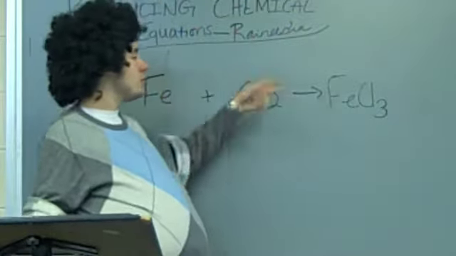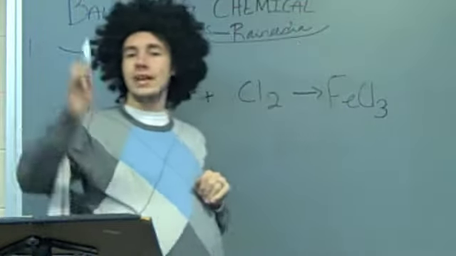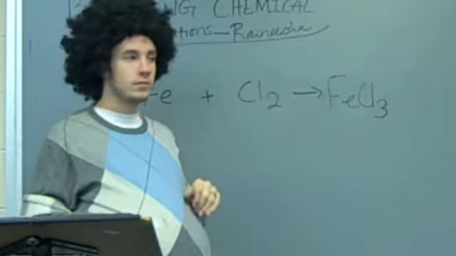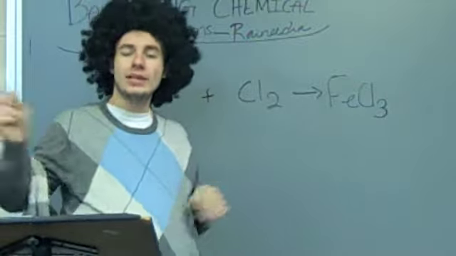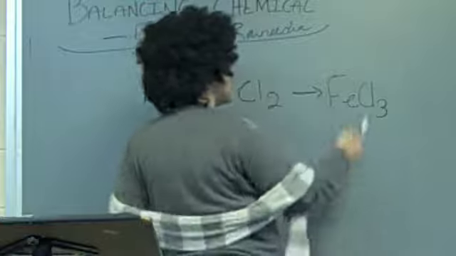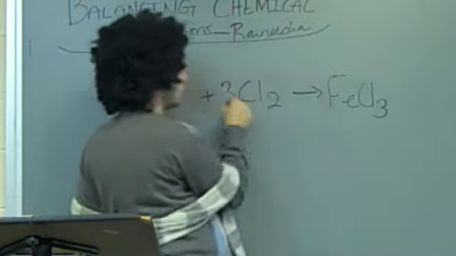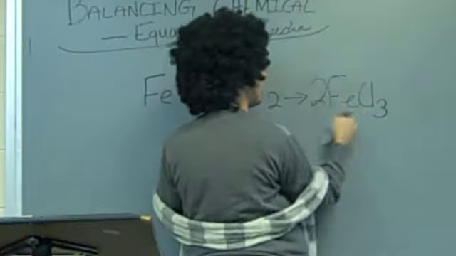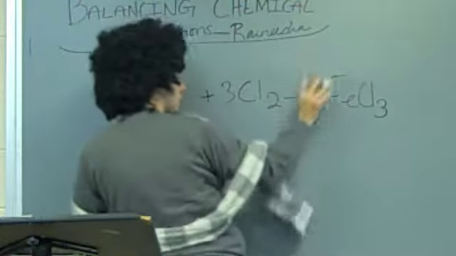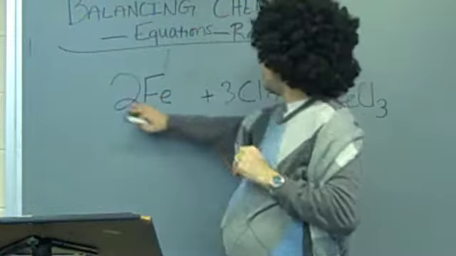Because you have 2 Cls and 3 Cls, you say 3 times 2 is how many? 6. That is correct. So 3 times 2 is 6, and 3 times 2 is 6. But then you got 2 Fe, so go ahead and write a 2 on the Fe and you're done with it.